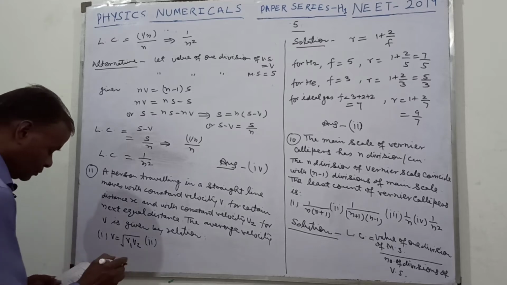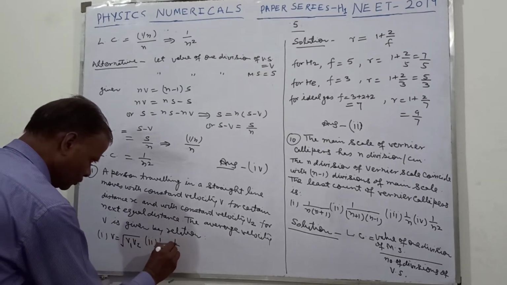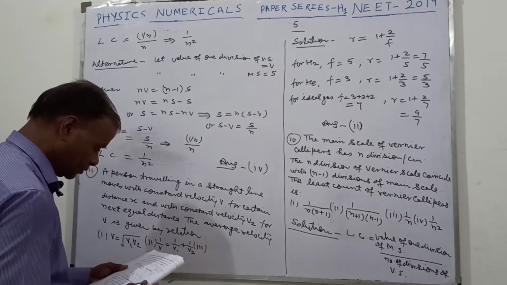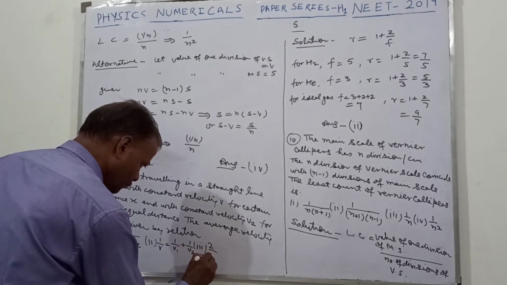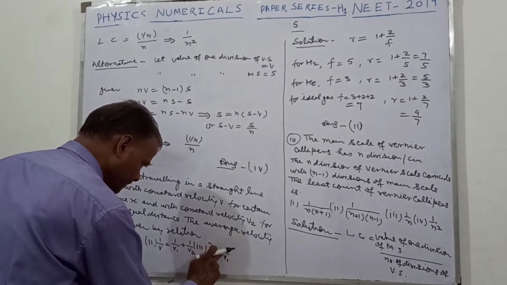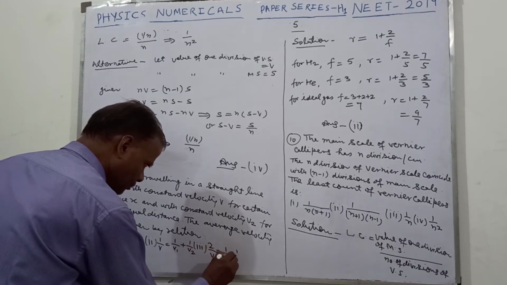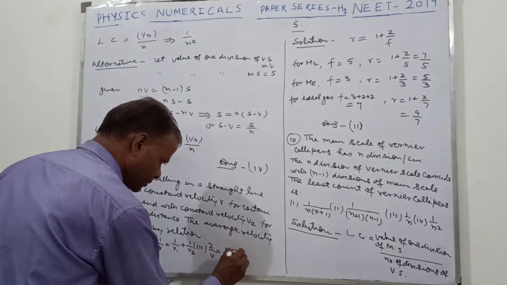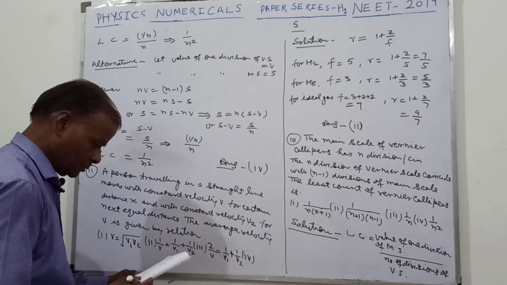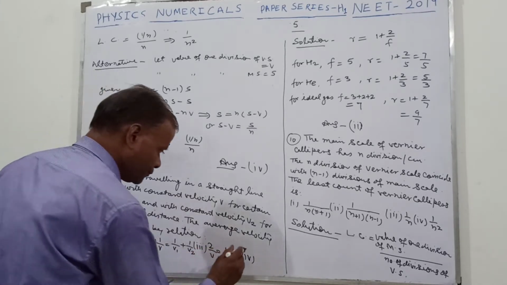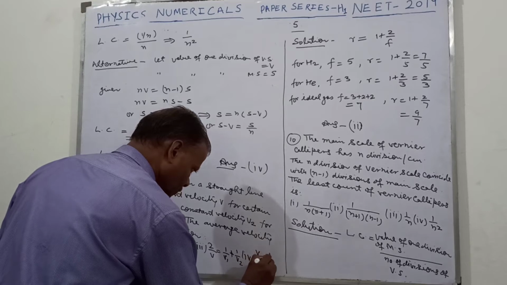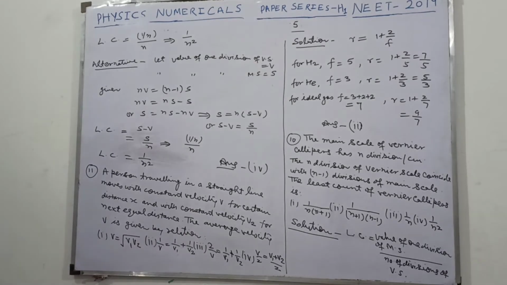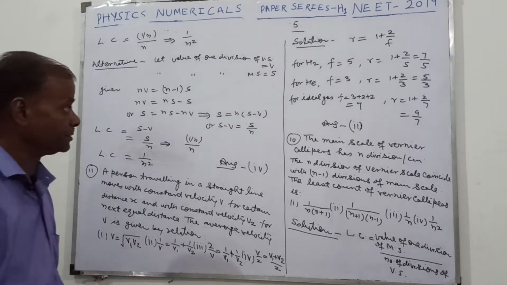Second option: 1 upon v equal to 1 upon v1 plus 1 upon v2. Third option: 2 upon v equal to 1 upon v1 plus 1 upon v2. And fourth option: v upon 2 equal to (v1 plus v2) upon 2. These are the given options.